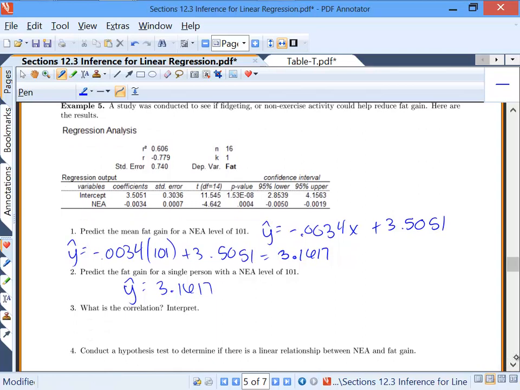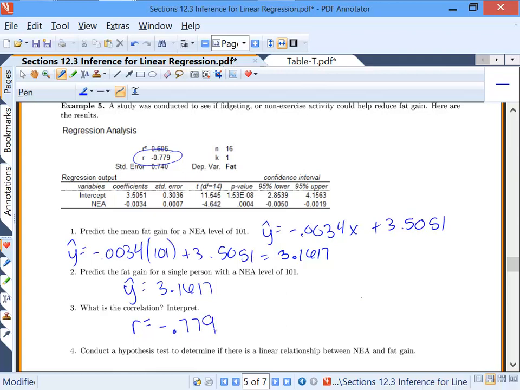I might ask you something like, what is your correlation? And what does it mean to us? Okay. So can you find your correlation on the output? Okay. Our symbol for correlation is R, so R is negative 0.779. Okay.